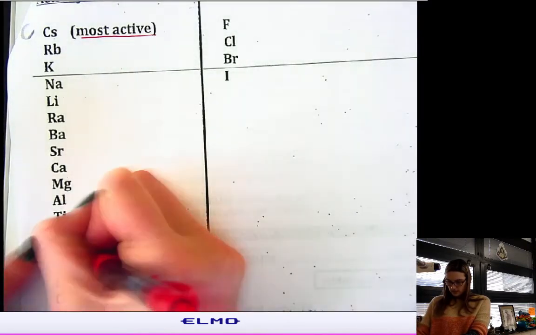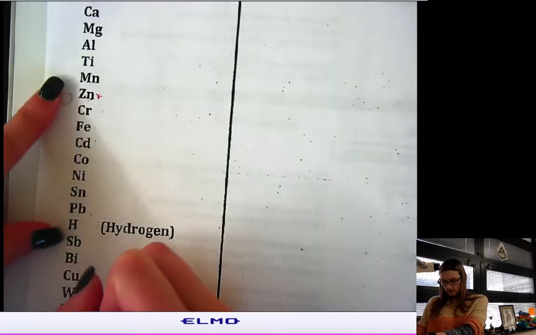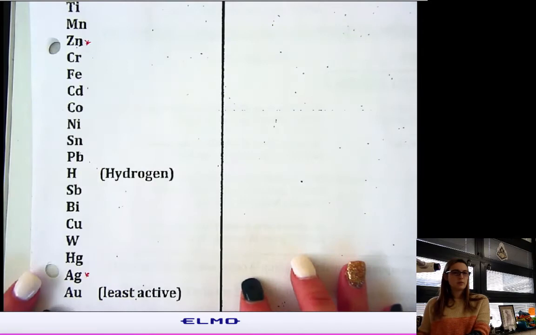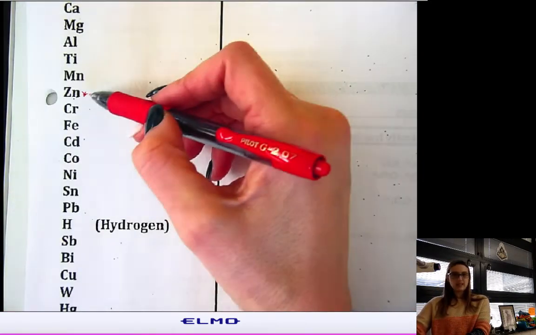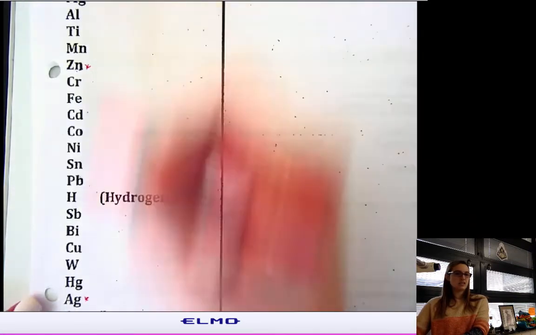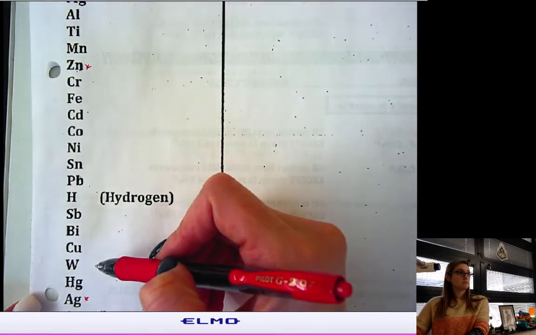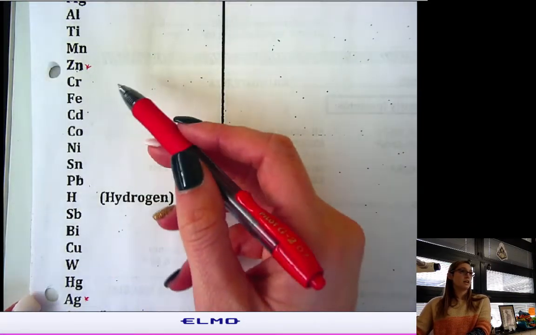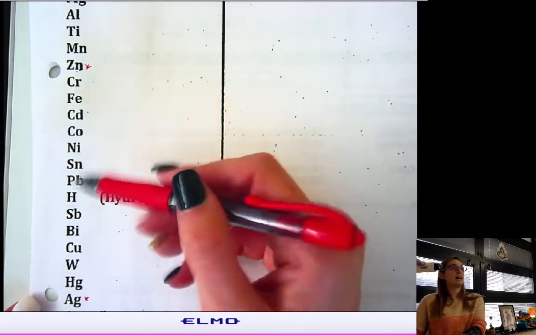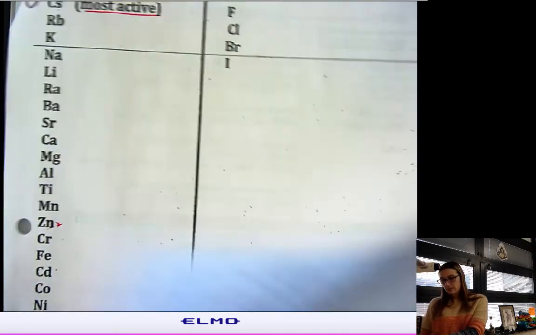So zinc and silver is all the way at the bottom. All right, second from the bottom. So is zinc higher up on the activity series than silver? Yeah, it's closer to the top, right? Zinc is more active. The higher up it is, the more active it is.